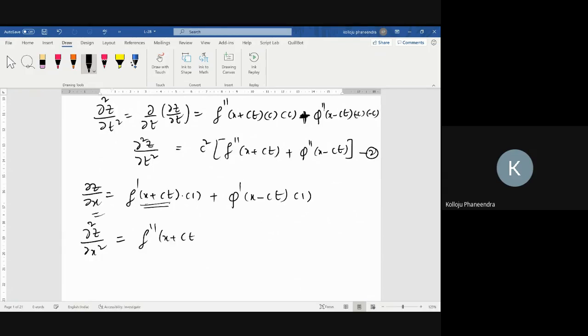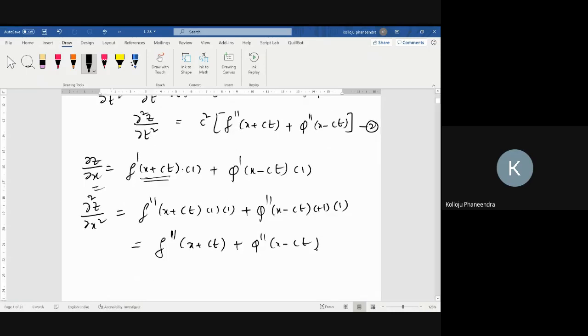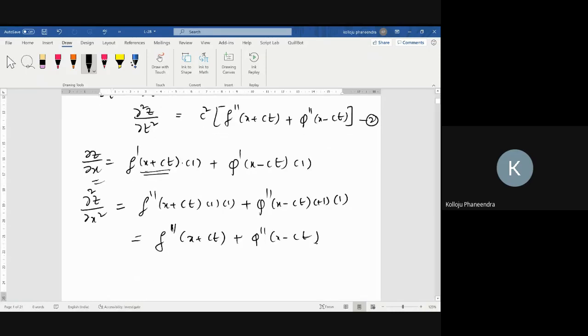This is 1 and 1 plus phi double derivative x minus ct. This is 1 into 1. So what is this expression? F double dash of x plus ct plus phi double dash of x minus ct. This is the value of dou square z by dou x square, equation 3.